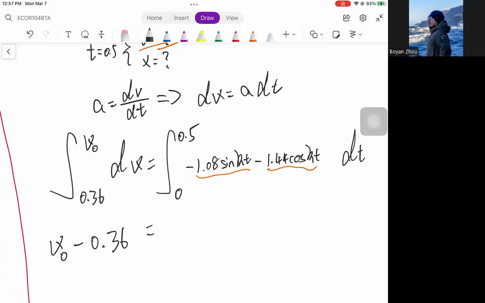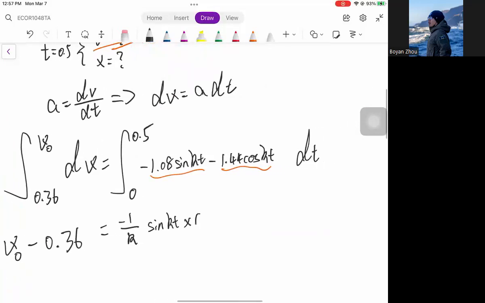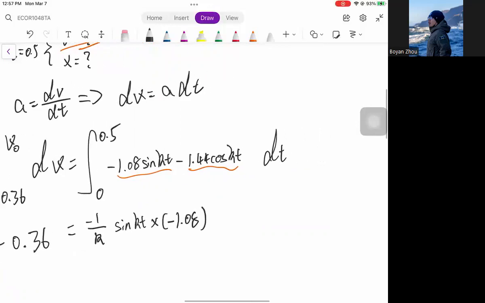For the first one, integrating sine kt gives negative 1 over k cosine kt, times negative 1.08, evaluating from 0 to 0.5.